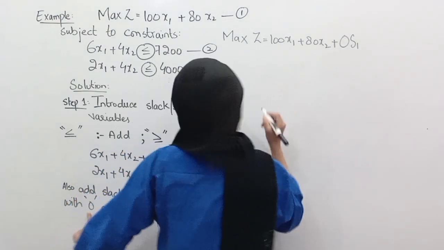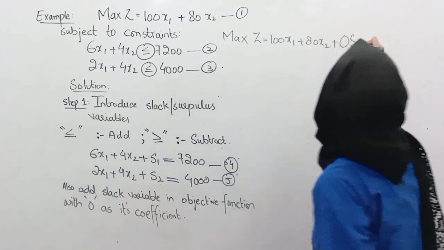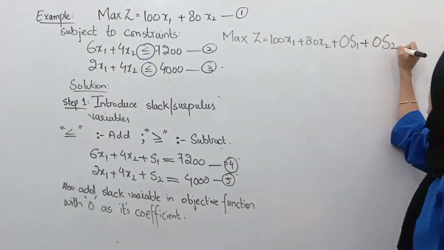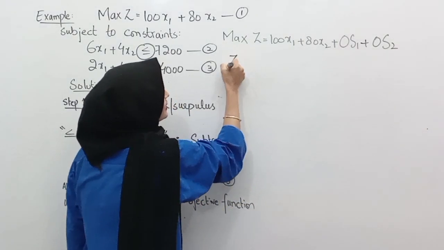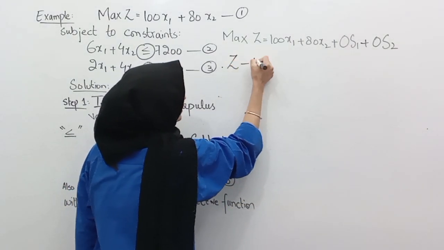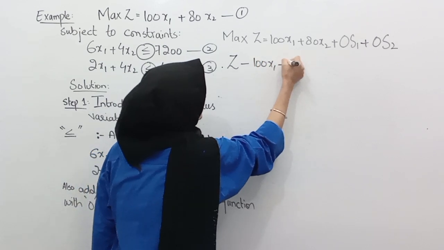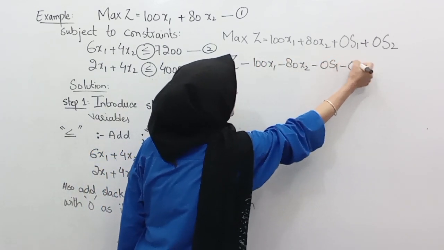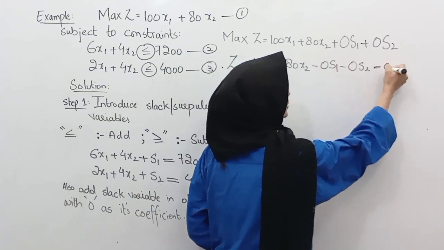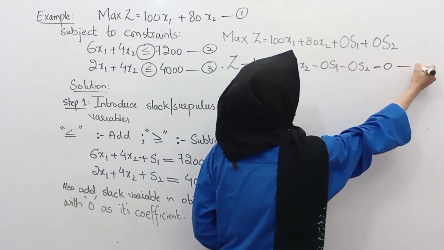The other variable we have used is s2 and it will become 0s2. Now we further simplify it and it will become z minus 100x1 minus 80x2 minus 0s1 minus 0s2 equals 0, and name this equation as equation number 6.